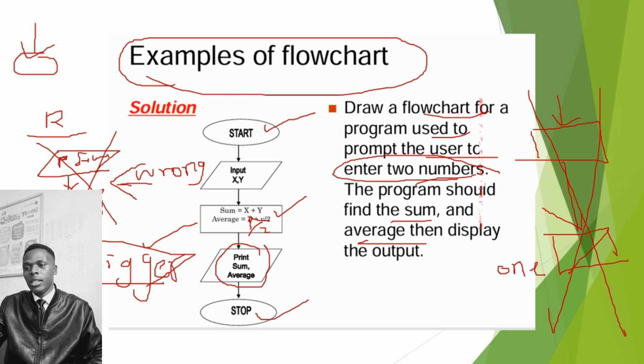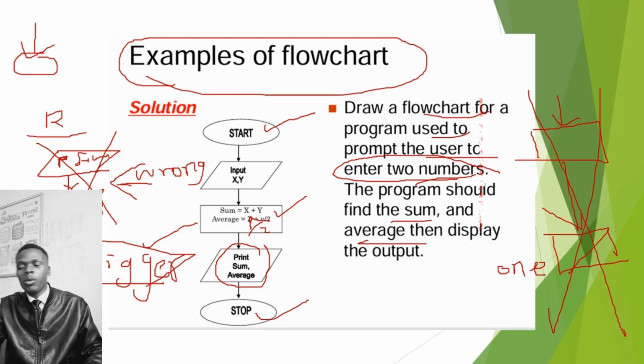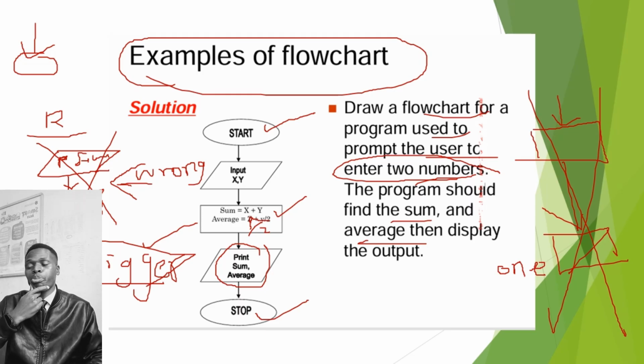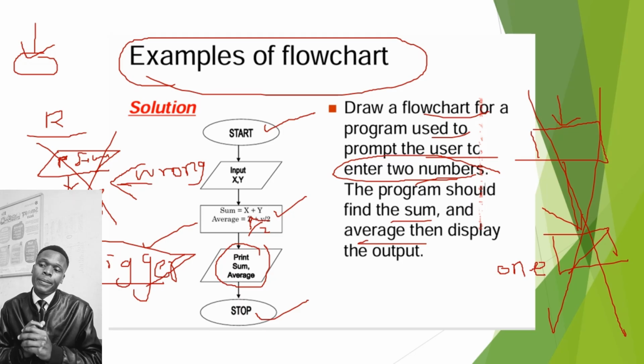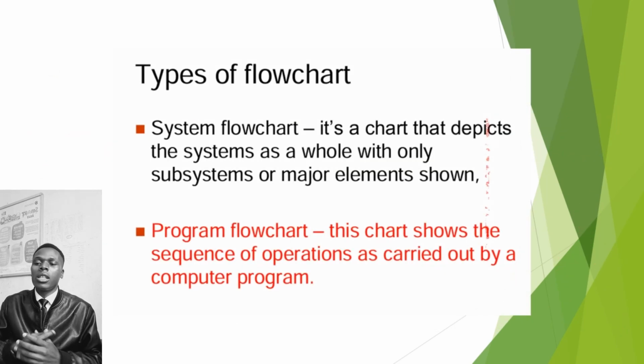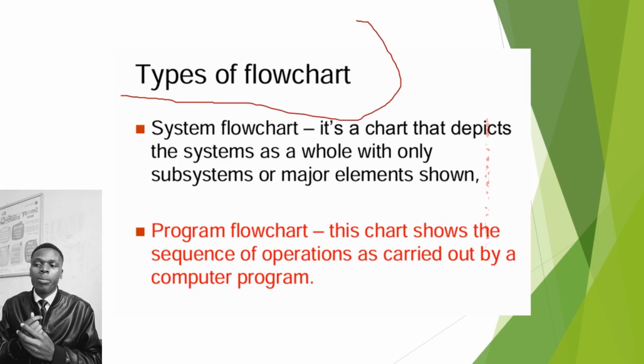Let's see next. So these are types of flowcharts as we dig deeper into the questions. Now we should be comfortable working questions under flowcharts, because that is key. Flowcharts are different. We can find system flowcharts while we are developing systems.